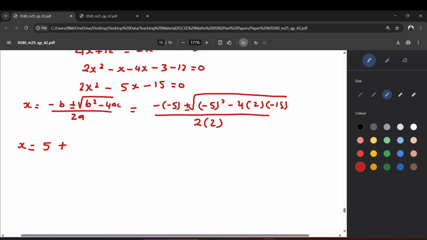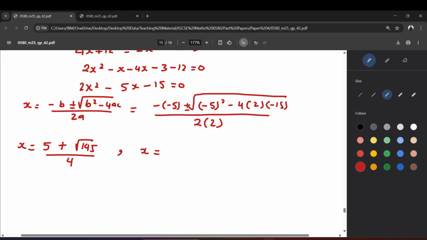So 5 squared will be 25, minus 4 times 2 times minus 15, that becomes positive 120. So that will be root 145. So this gives you 5 plus root 145 divided by 4.